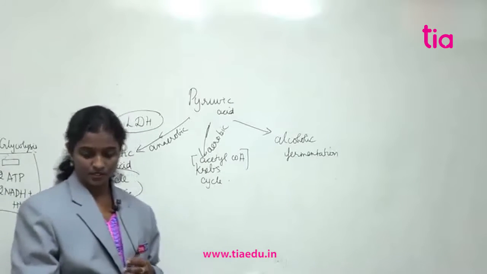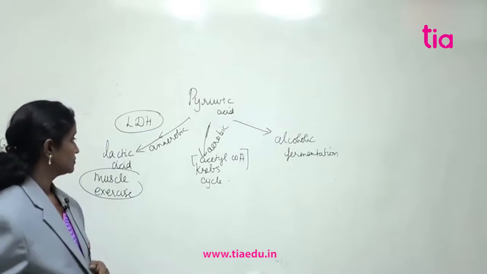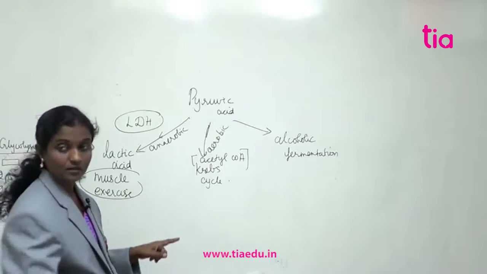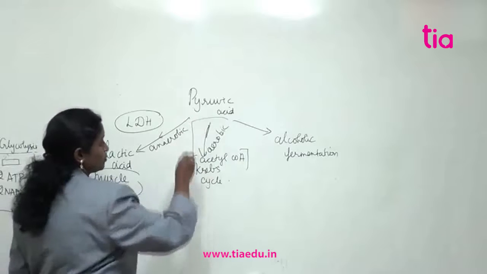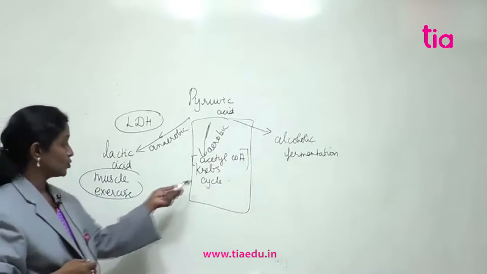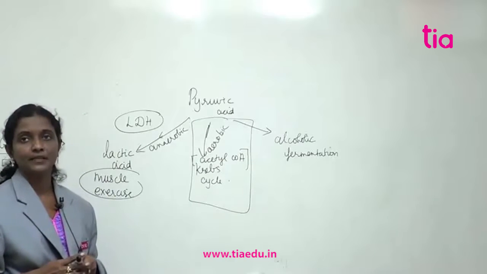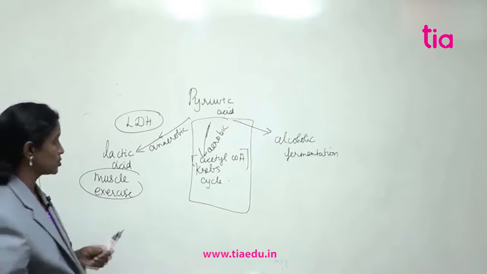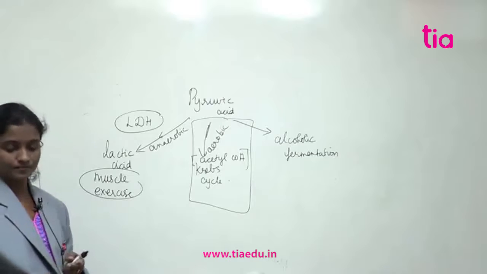We call that fermentation. So now we are going to focus on the center one: how pyruvic acid goes into Krebs cycle and extracts the maximum energy. So let us now proceed with this cycle, Krebs cycle.